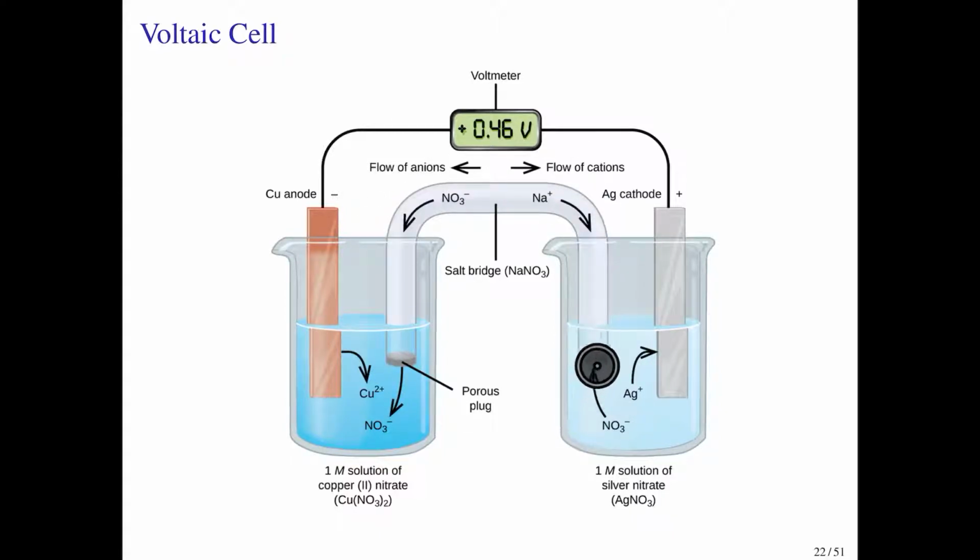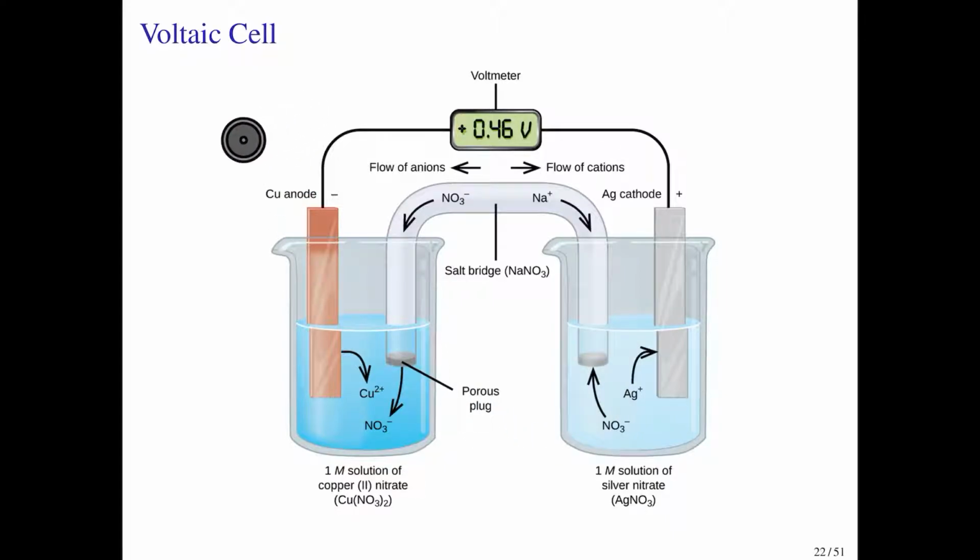It's a plastic tube typically with a type of gel in it, and the gel has dissolved ions, something like sodium nitrate. In this case, these ions provide for the flow of charge around the backside of the circuit. The anions in the salt bridge migrate towards the anode, and the cations migrate towards the cathode.